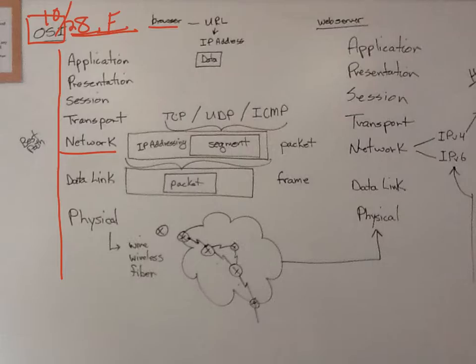So we said, let's say you have a browser and you're going to communicate with a web server. In the browser, you type in the URL, then DNS will convert it into an IP address, and that's the IP address you're going to use in accessing the web server.